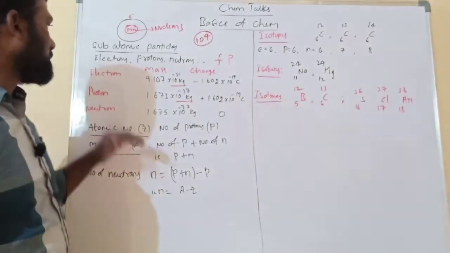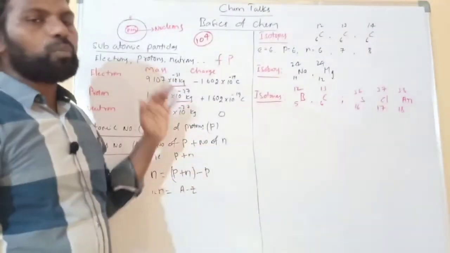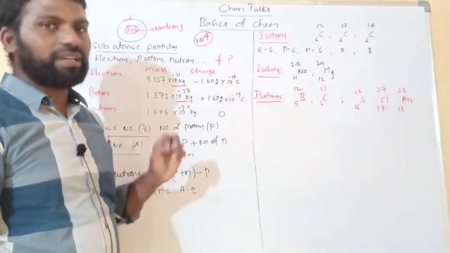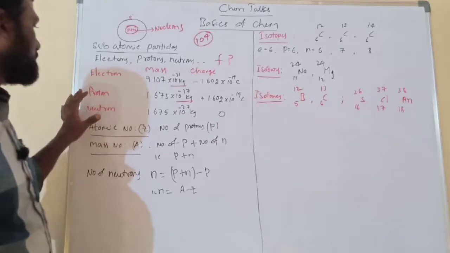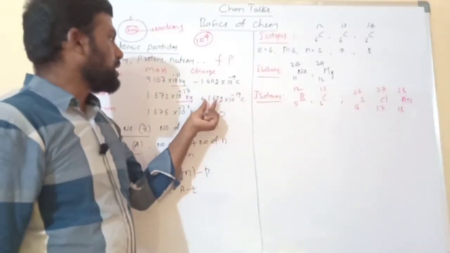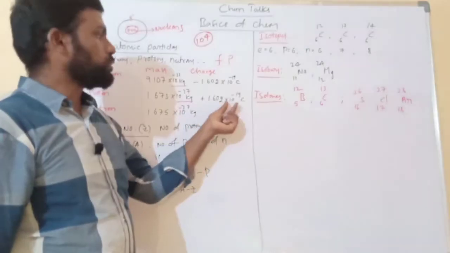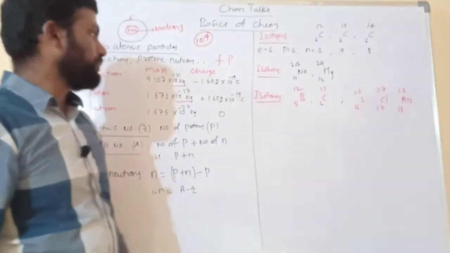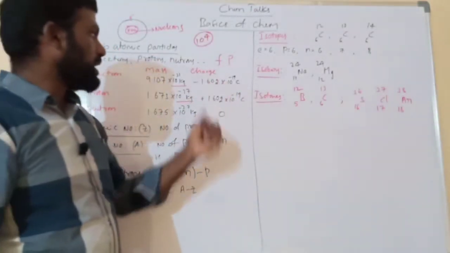So when we compare the mass of electron and proton, mass of electron is almost negligible in comparison with the mass of proton. Next, the charge of proton is plus 1.602 into 10 raised to minus 19 coulombs. Here you may observe one more similarity.